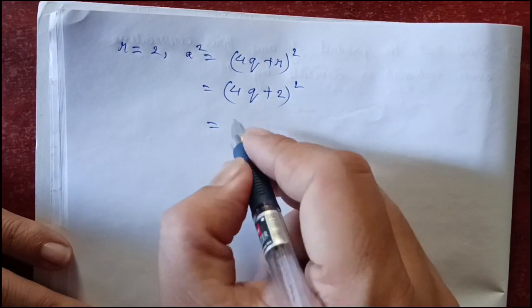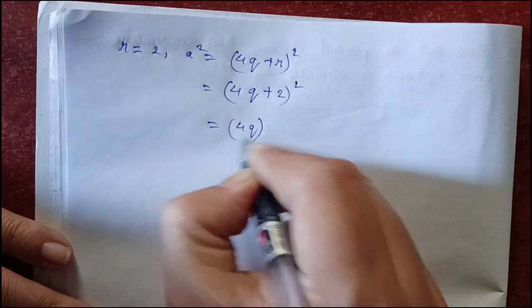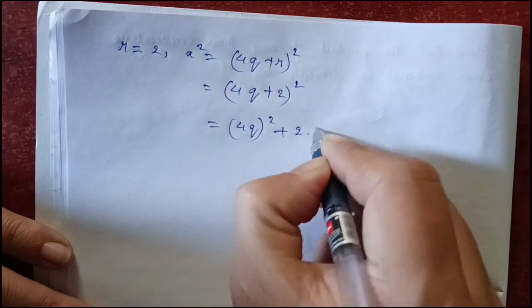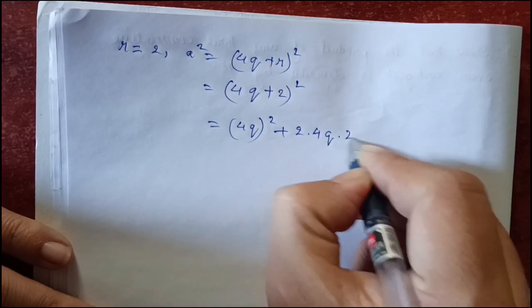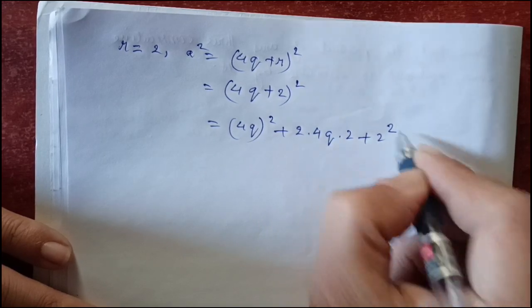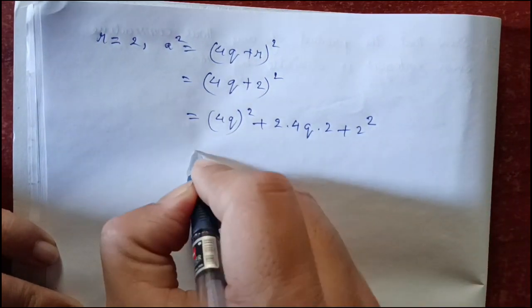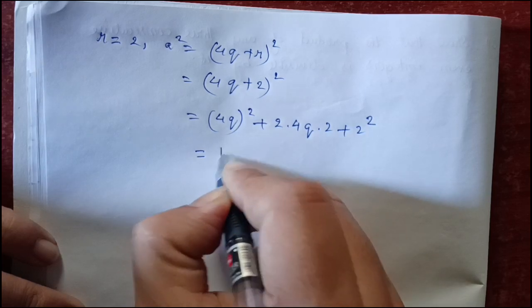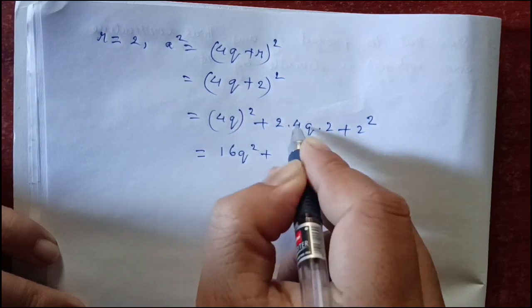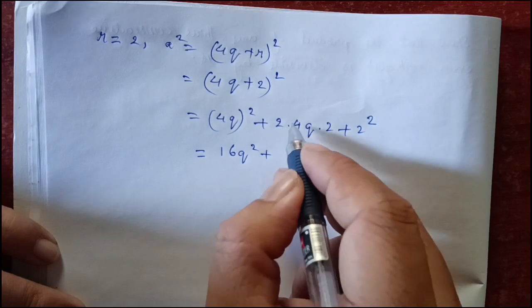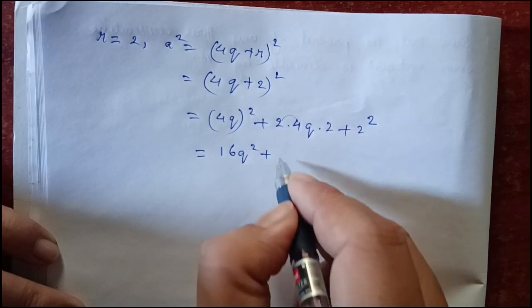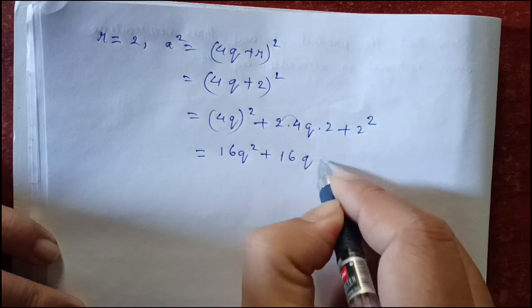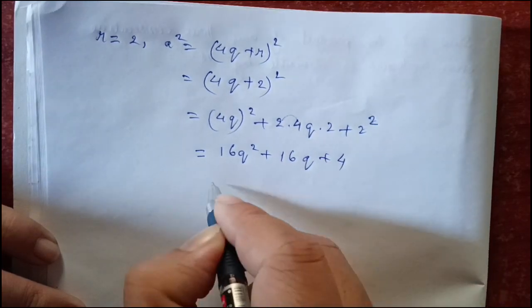Alright, then apply the formula a square plus twice ab plus b square. Okay then, so you will be getting 4 square is 16, 4 twos are 8, 4 twos are 8, 8 twos are 16, 2 square is 4.